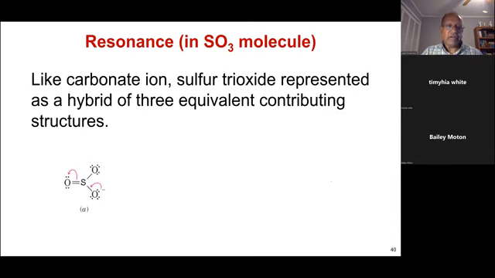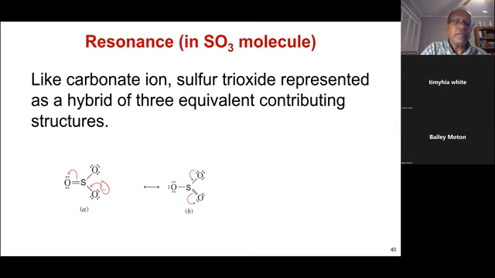Let's look at this one, sulfur trioxide, also an example of a Lewis structure with resonance. This curved arrow moves this negative charge here. Now there's no negative charge here.